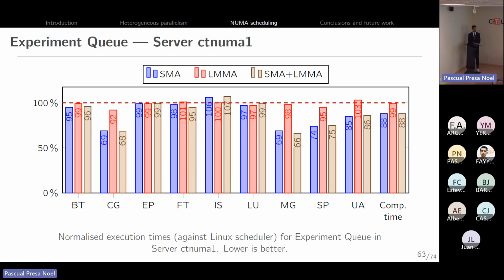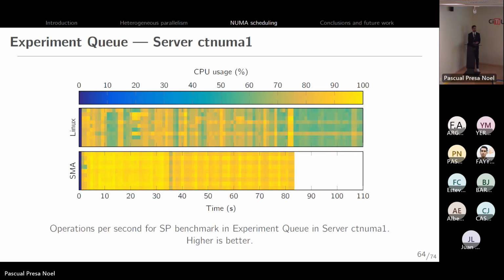Here are the results for server CiTIUS 1. And we can see that we improve again consistently against the Linux default scheduler, up to 34% in a particular task and up to 12% for the total computation time.